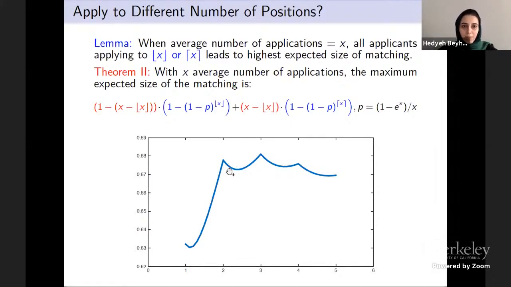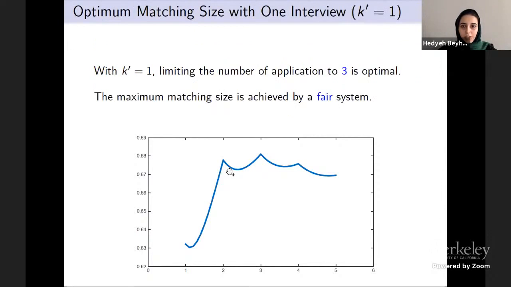So I want to wrap up the case with a single interview with two messages. The first one is that the optimal number of applications is 3, no matter what distribution we choose to distribute the applications. And the second one is that a fair system of distribution gives the highest matching size, which means that the local maxima of the figure are the integer points.